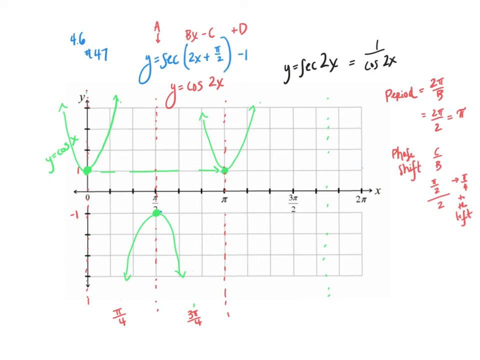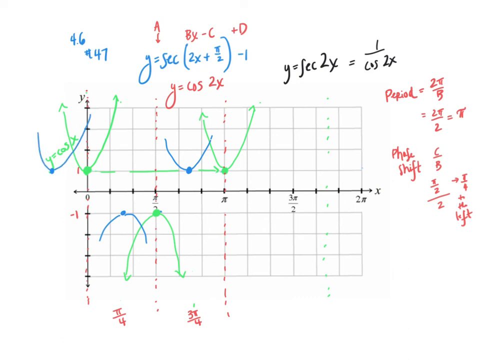Okay, and now I just need to shift all of my points to the left pi over 4. So let's start here, I'm going to shift that to the left pi over 4, and then right now I would be going upward. I'm going to shift this to the left, and here I'd be going downward, and here I need to go to the left, and I'd be going upward.